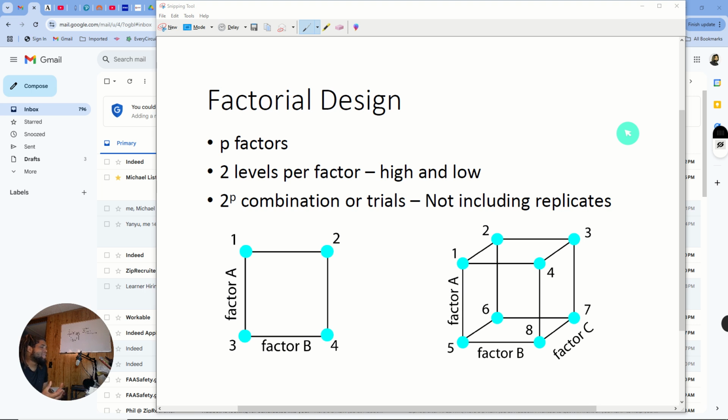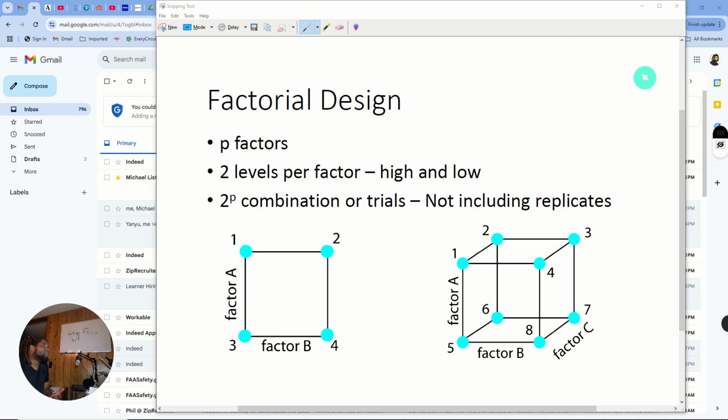The idea behind it is that it's a pre-described system that we can use to do so many trials given so many factors, and in engineering that gives us a general framework to know, okay, if I do this many factors, then I have this many tests. If I have more factors, then we'll do this many tests, right? And there's an equation that I'll show you here that's going to illustrate that as well.